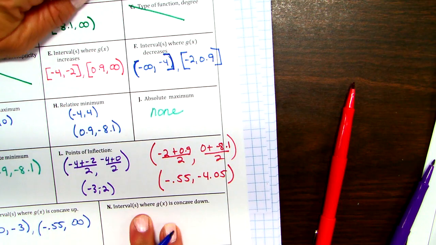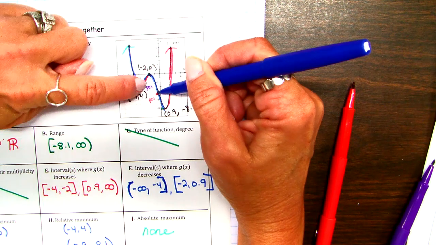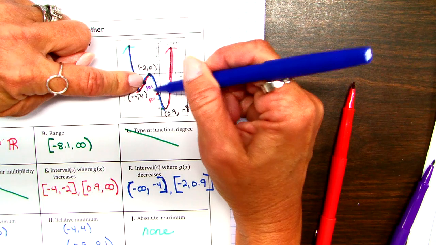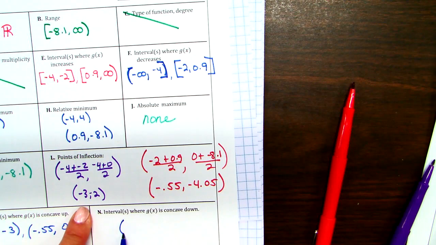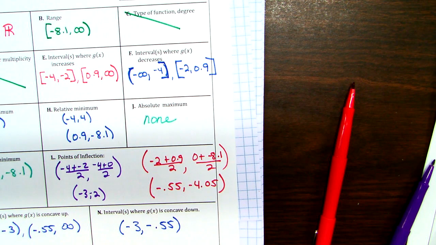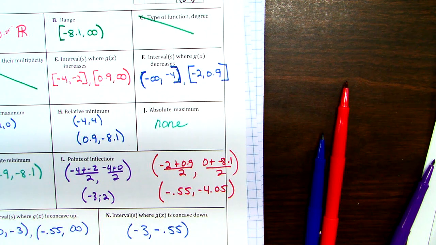So, concave down is from here to here. So it's the x values from this one to this one. So that would be from -3 to -0.55.